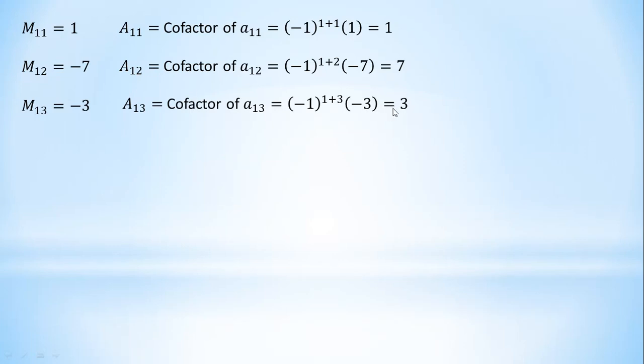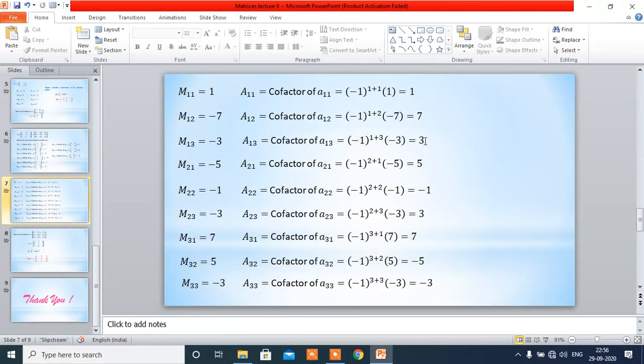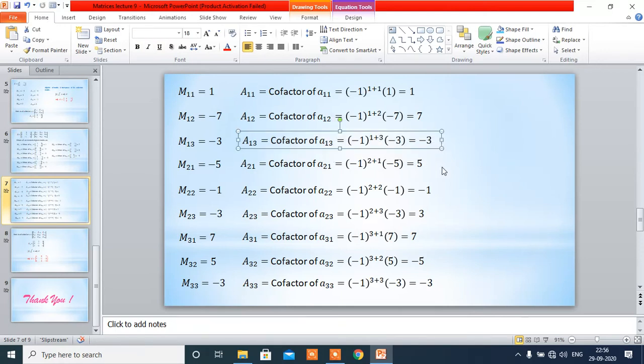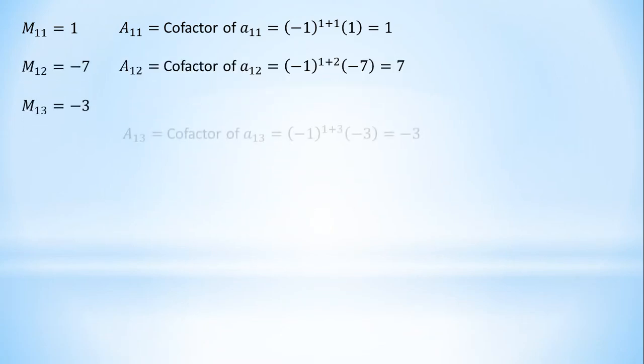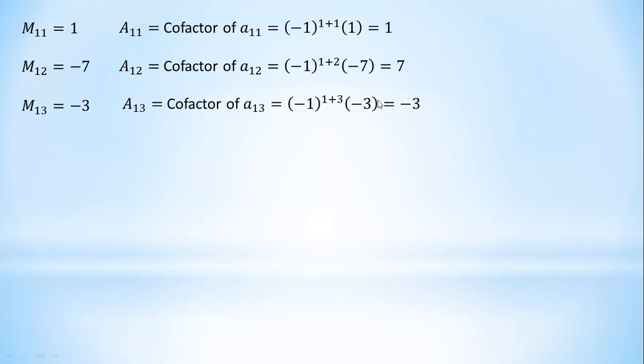So M13 is minus 3 and A13 is also minus 3. Correct?